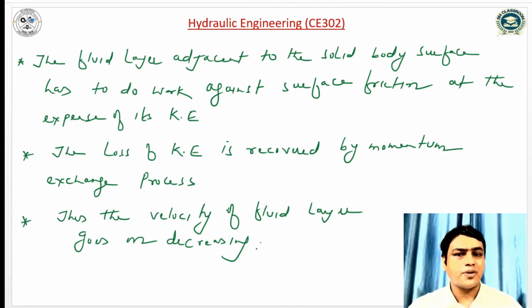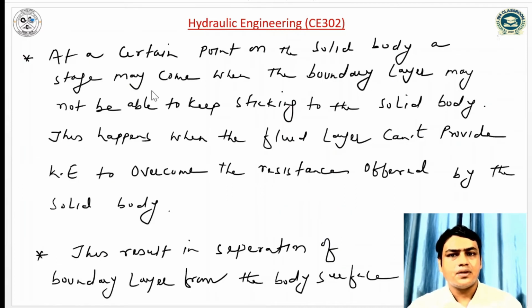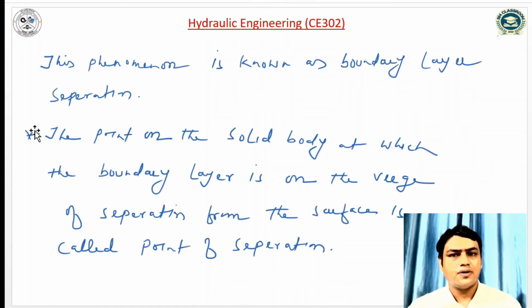But this is of very short duration, and the velocity of the fluid layer goes on decreasing due to friction. At a certain point on the solid body, a stage may come when the boundary layer may not be able to keep sticking to the solid body, and this happens when the fluid layer cannot provide kinetic energy to overcome the resistance offered by the solid body. This results in separation of the boundary layer from the body surface, and this phenomenon is known as boundary layer separation.